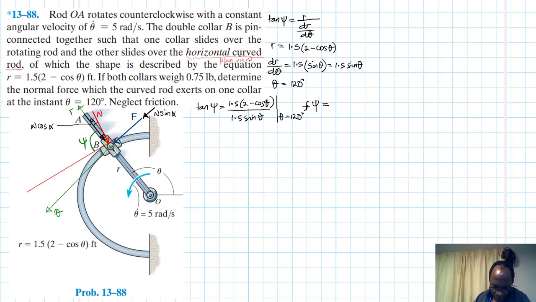We have 70.89 degrees, and then our alpha is just equal to 90 degrees minus psi, which is 90 minus 70.89, and this gives us 19.11 degrees.